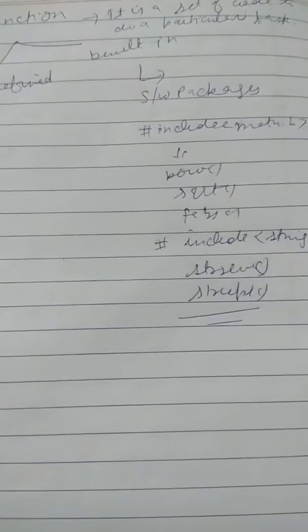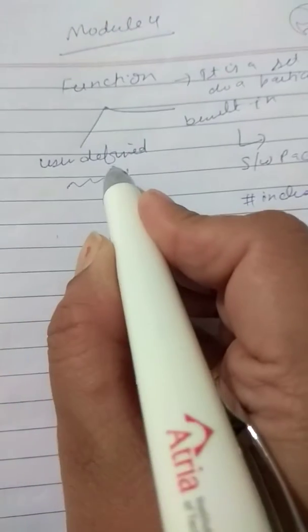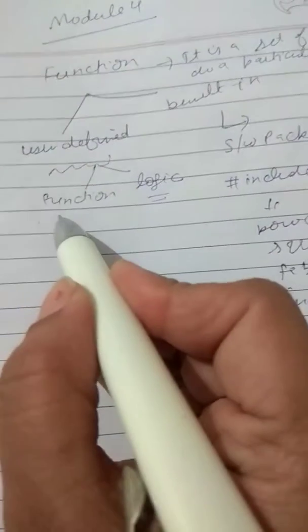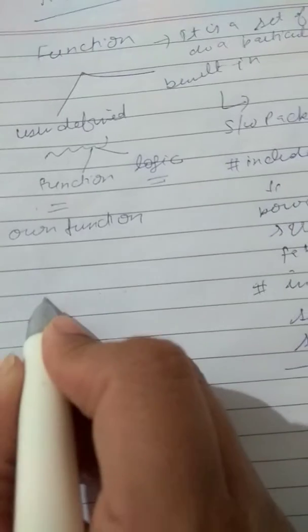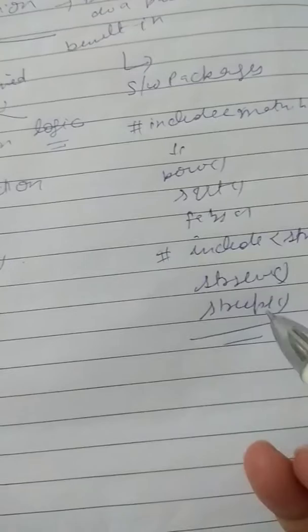So what is user defined? With user defined there are two terminologies. One is function, one is logic. Corresponding to this function we can create our own functions. For example, if I write a function add, you have seen till now add is not any built-in function.